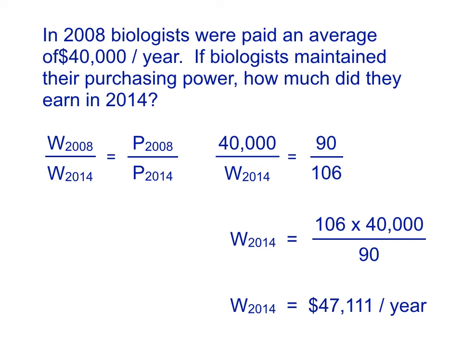So making $40,000 in 2008 will buy me a basket of goods, and making $47,111 in 2014 will buy me that same basket of goods. That is, my real income has not changed.